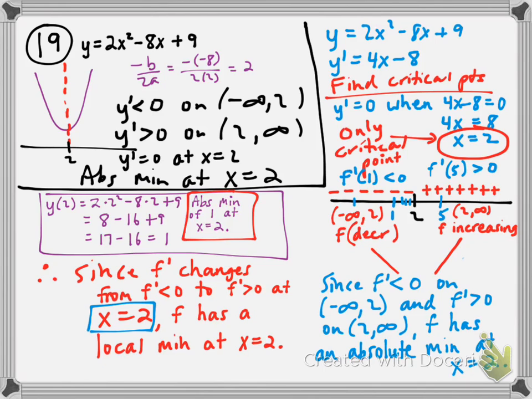I know you're not going to realize how important this concept really is yet, but trust me, these concepts are super important when you get into calculus, because it really doesn't matter what kind of function you're dealing with. The basic components of determining whether f has a max or a min is a central concept in the study of calculus.